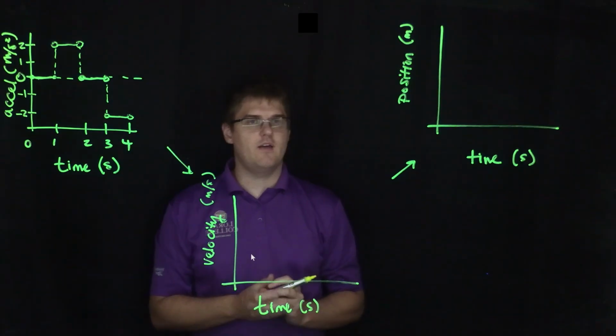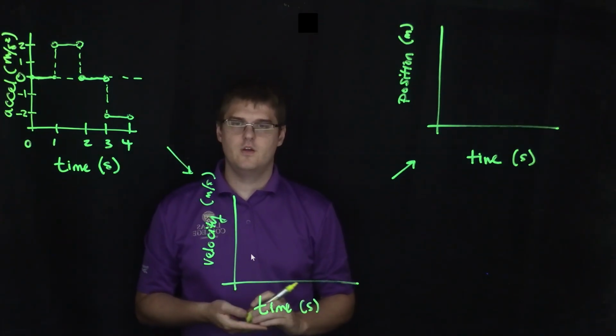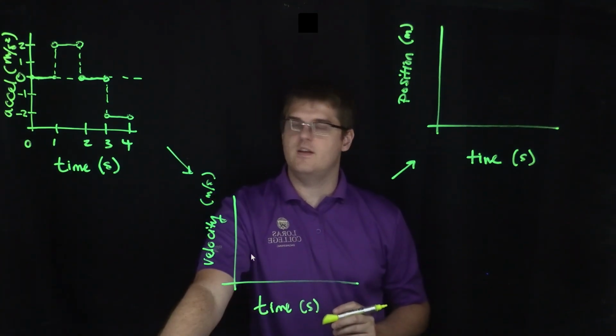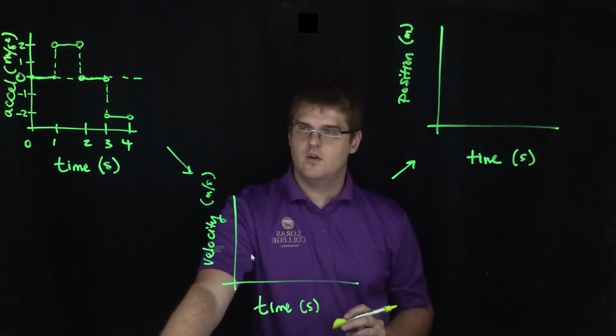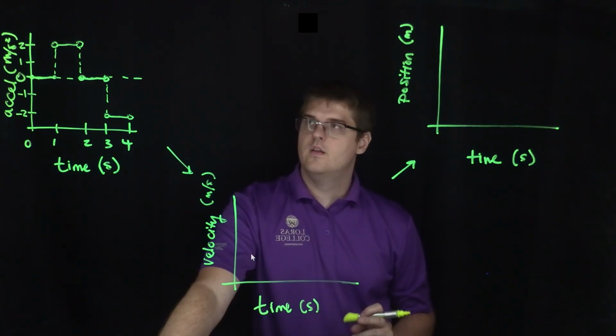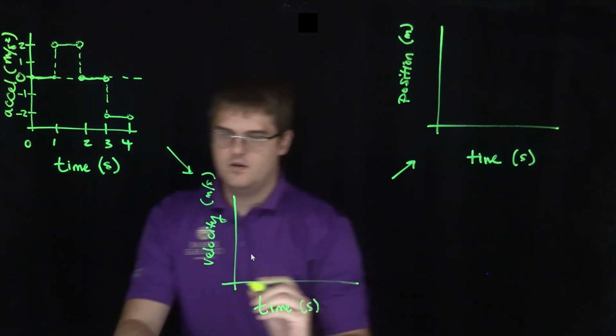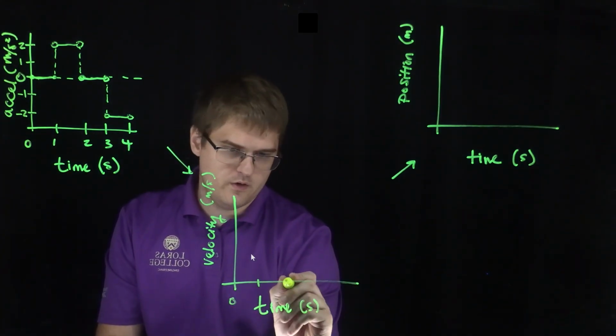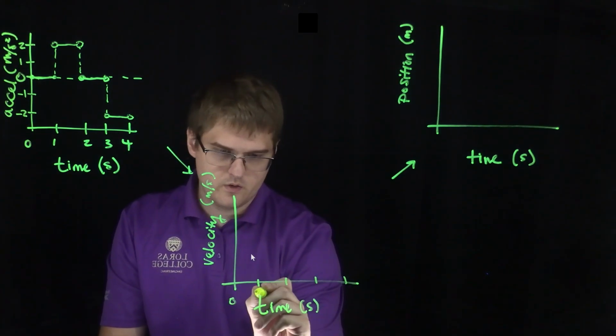I do not currently have enough information to do that. The one thing that I'm missing is I don't know what velocity I am starting at. So let's say that I am starting at time equals 0. So this is still 0, 1, 2, 3, 4.